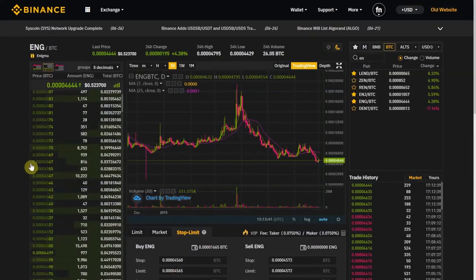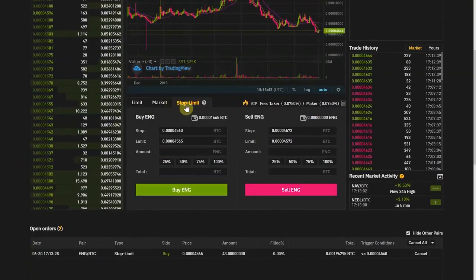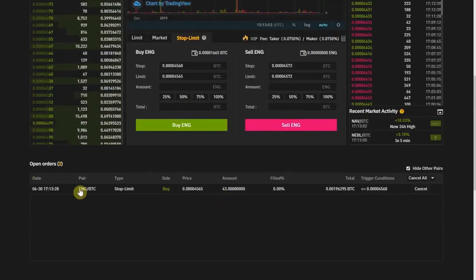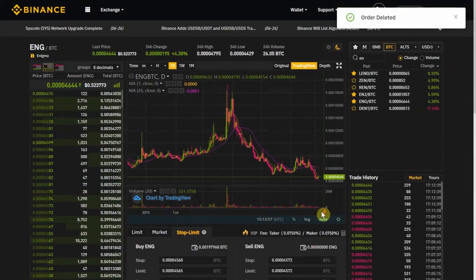There's no indicator telling us we have an order because the price didn't reach that target yet. Okay, this is what the stop limit is. Yeah, I'm gonna cancel this one. I think that's pretty much it.